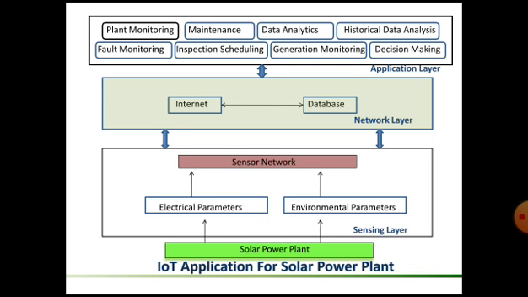Here is the block diagram of how the internet is used to control the solar power plant. Here the output is collected from two parameters: electric parameters and environmental parameters.